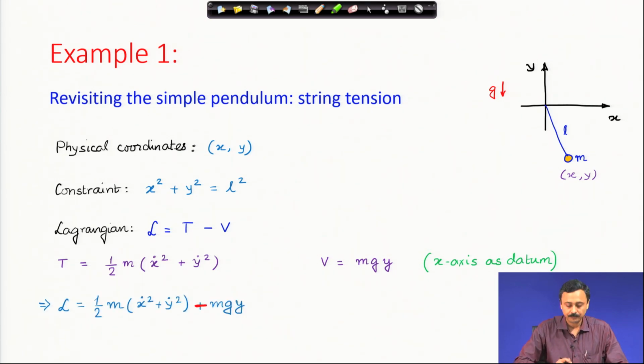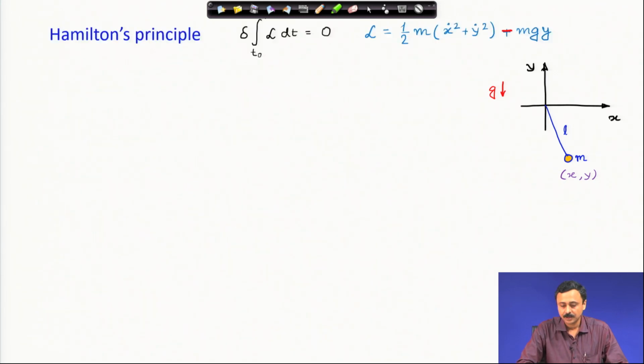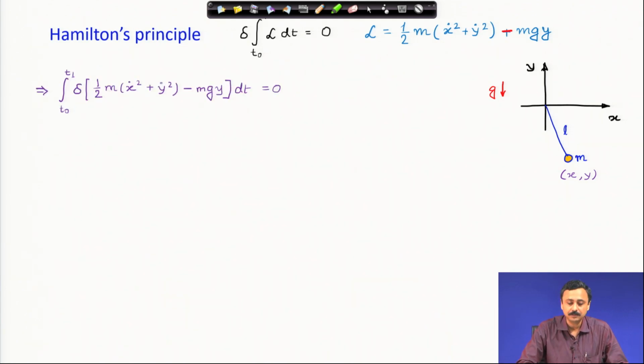Here I have written out, there is a correction in red, for kinetic minus the potential energy, that is the Lagrangian. With this Lagrangian, we are going to use Hamilton's principle, which gives us this variation of the integrand, and when I operate the variation operator on x dot square, it is 2 times x dot delta x dot, and that half cancels that 2.